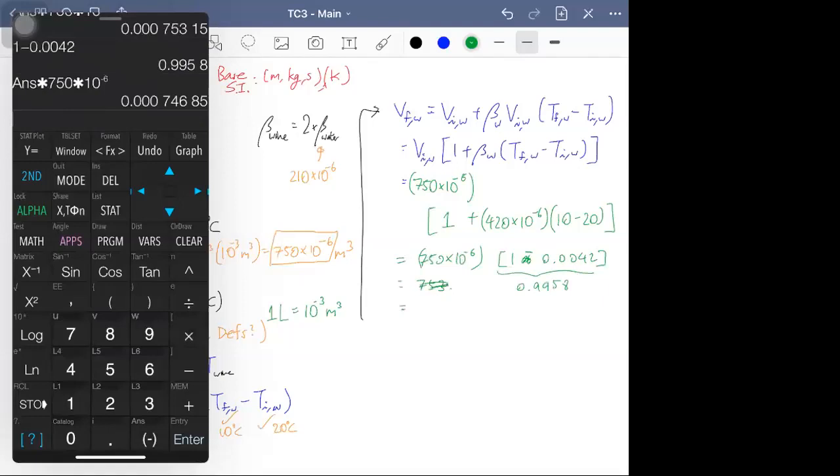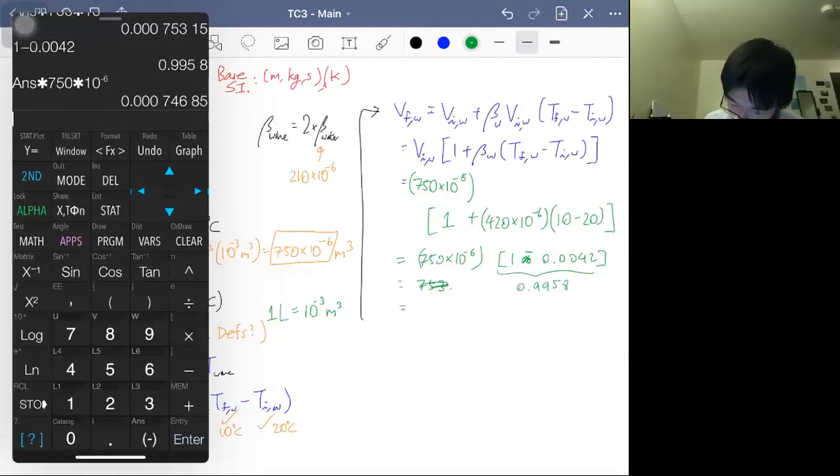So 1, 2, 3, 4, 5, 6, right? So 746 times 10 to the minus 6, right? So that's where I got the 746 milliliters. Okay, and then moving on. So we had change in air is negative change in the wine.